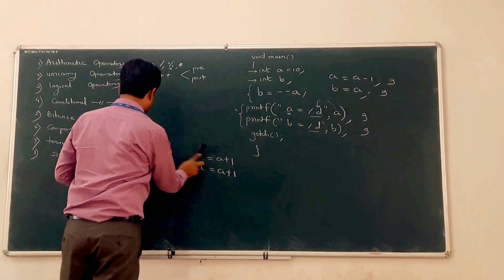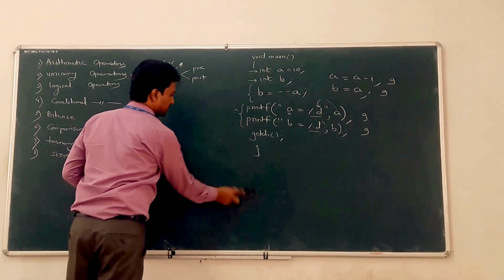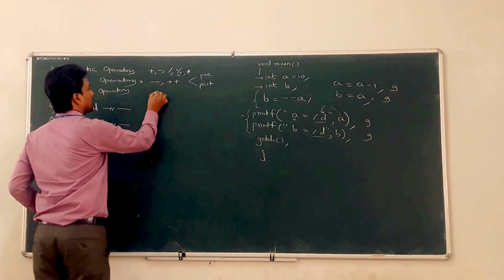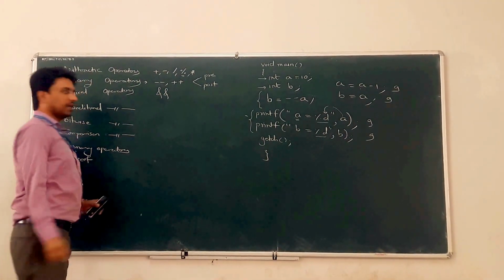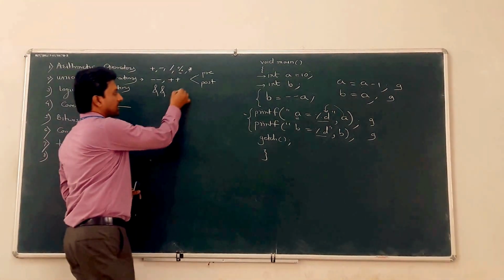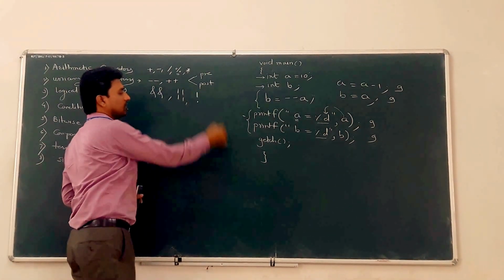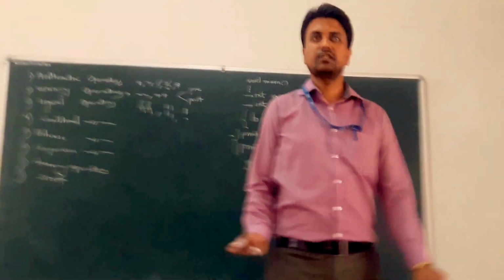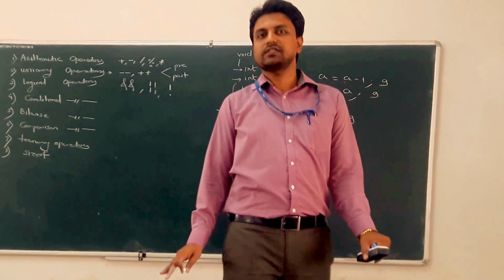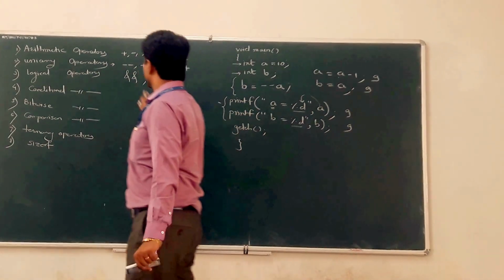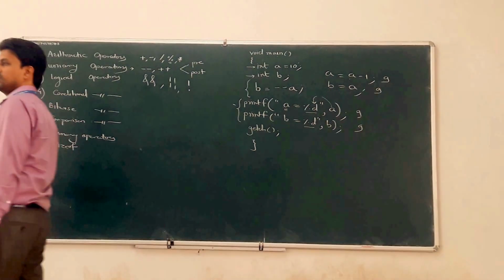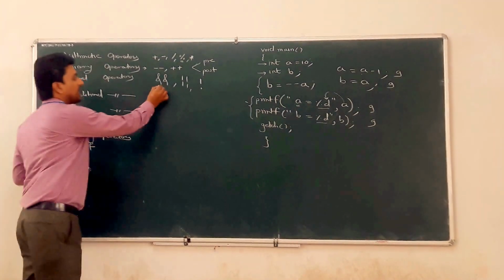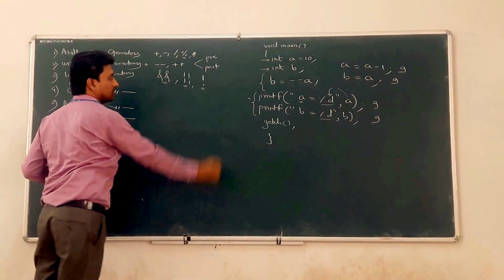So what is meant by logical operators? AND, then OR, then NOT. These are logical operators. So what is the use of logical operators? Logical operators are used for ANDing, ORing or NOT.